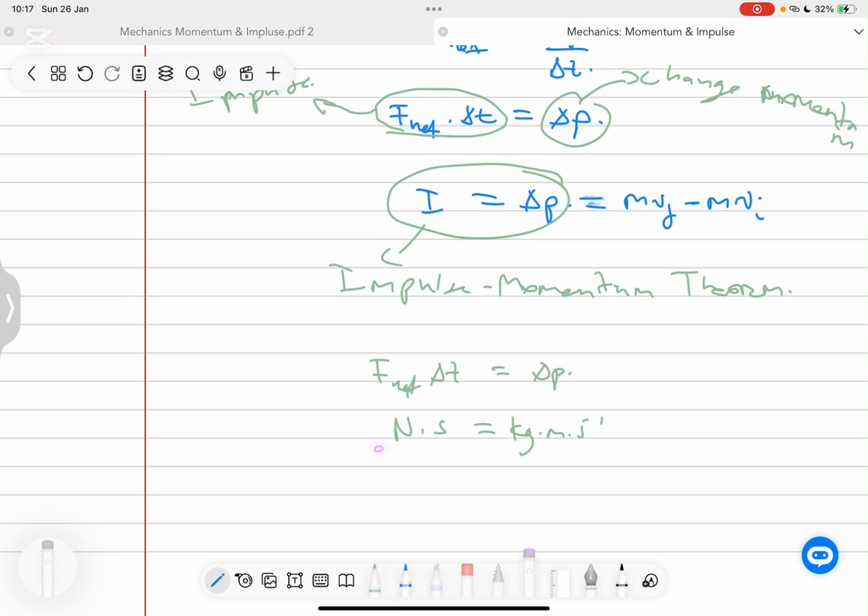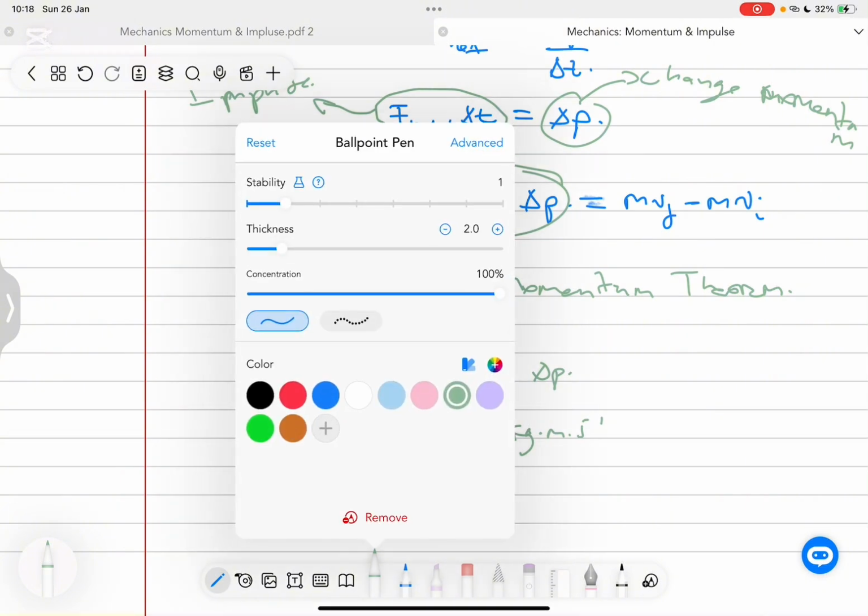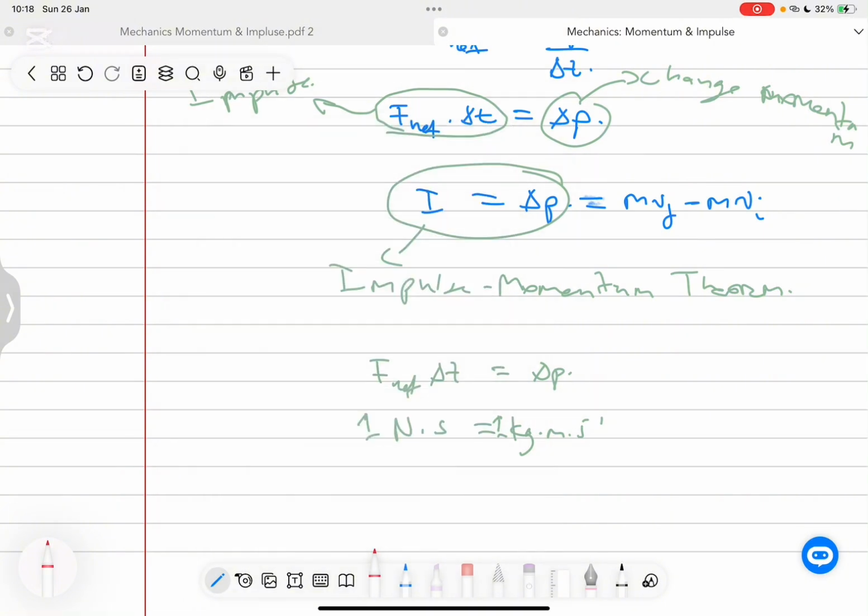And this says to us that the newton second is exactly the same as the kilogram meters per second. So 1 newton second is equivalent to 1 kilogram meter per second. And it is exciting to reconfirm this, because when we defined momentum, we observed this relationship.